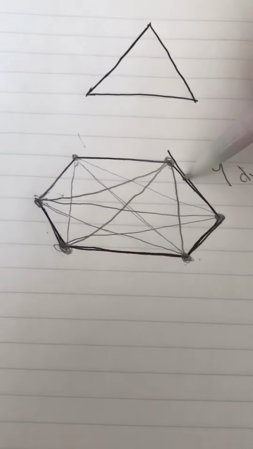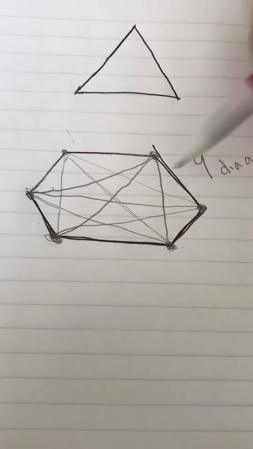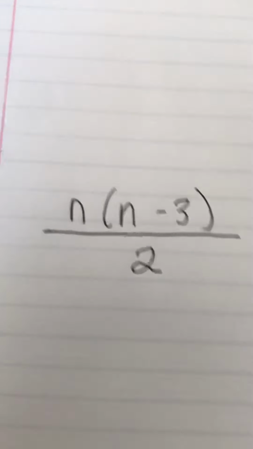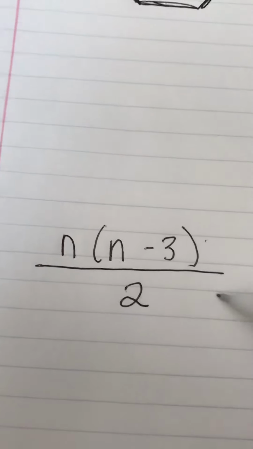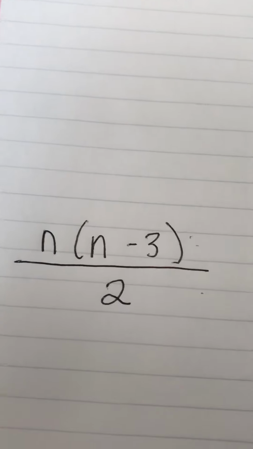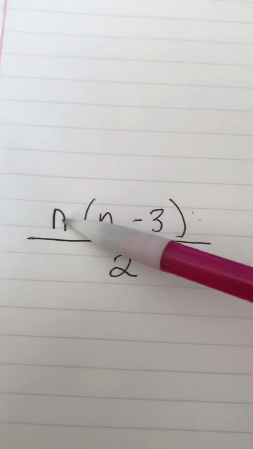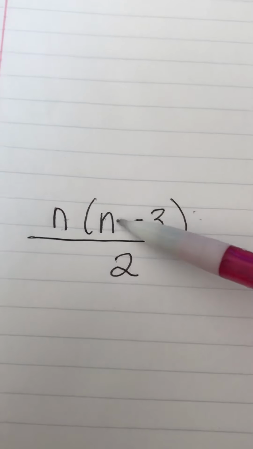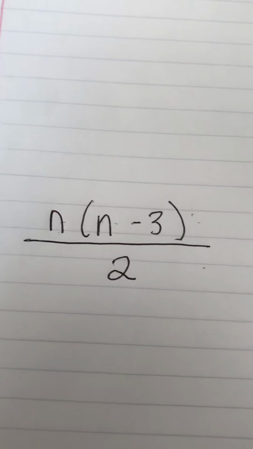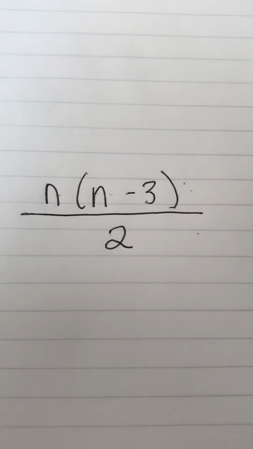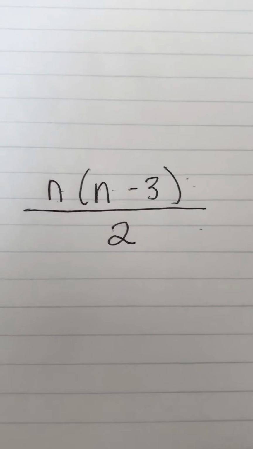If you are like, oh my gosh, that is all super confusing, I can't keep it straight, I have a formula for you. This formula is down here. It's a little bit more advanced, so that's why I'm not starting off with it, but it's just PEMDAS. The n variable stands for the number of sides. If I was dealing with a hexagon, which I was, instead of n I would put a 6.